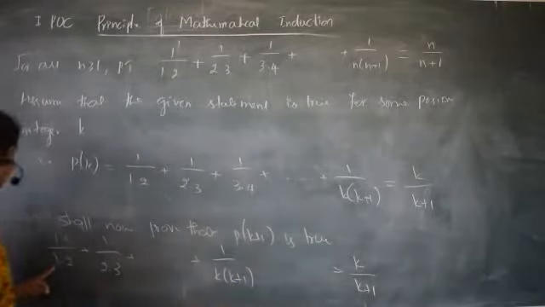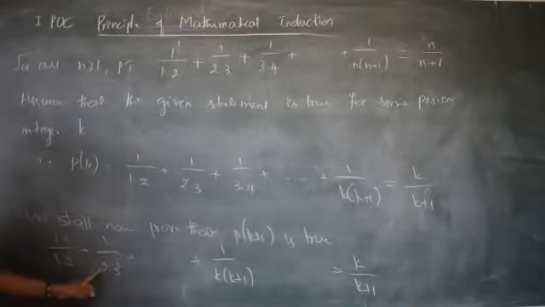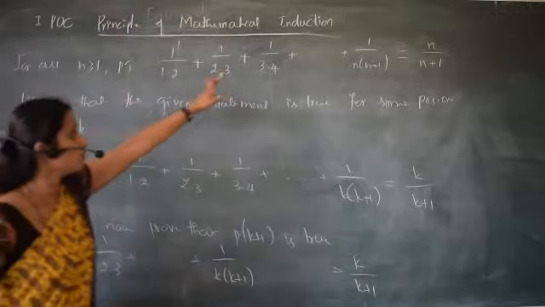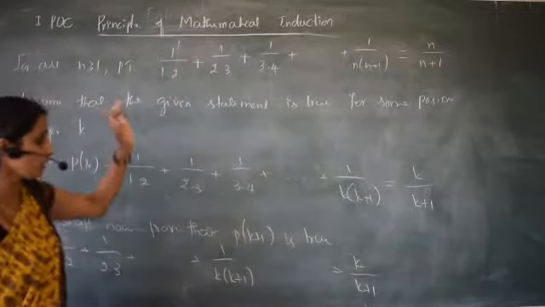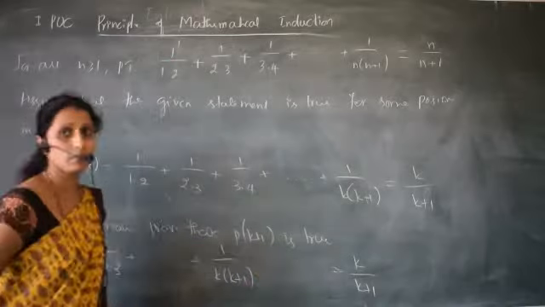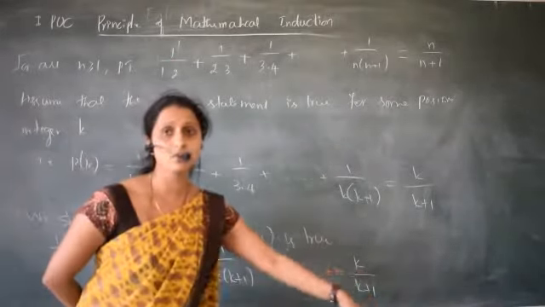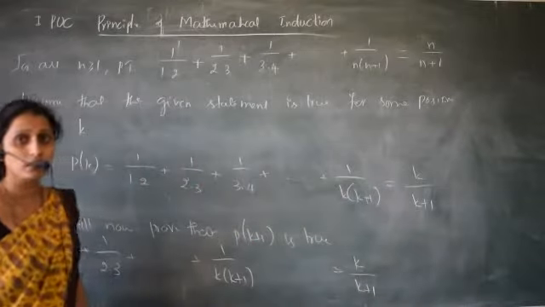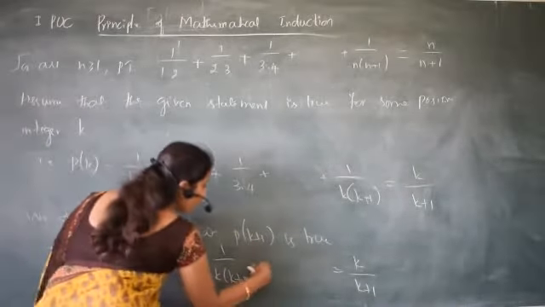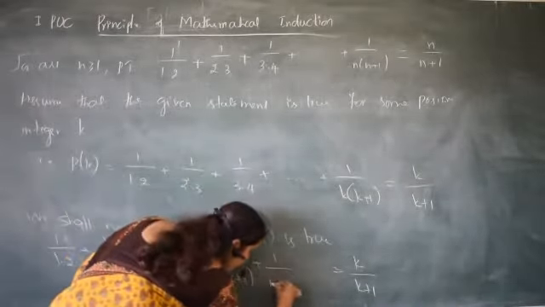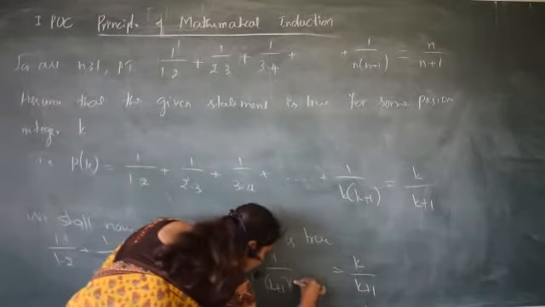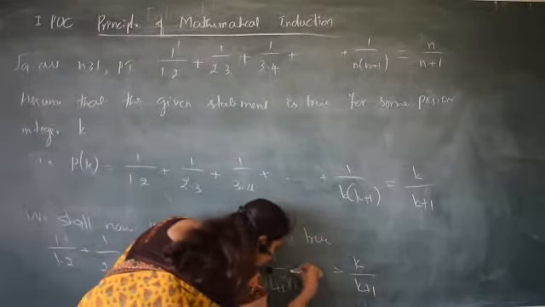You can see the first factors are 1, 2, 3, 4, 5 and so on up to k, so the next one is k plus 1. Here the second factors are 2, 3, 4, 5, 6, k plus 1, so the next one is k plus 2. Therefore, the term which we have to add is 1 by k plus 1 into k plus 2.